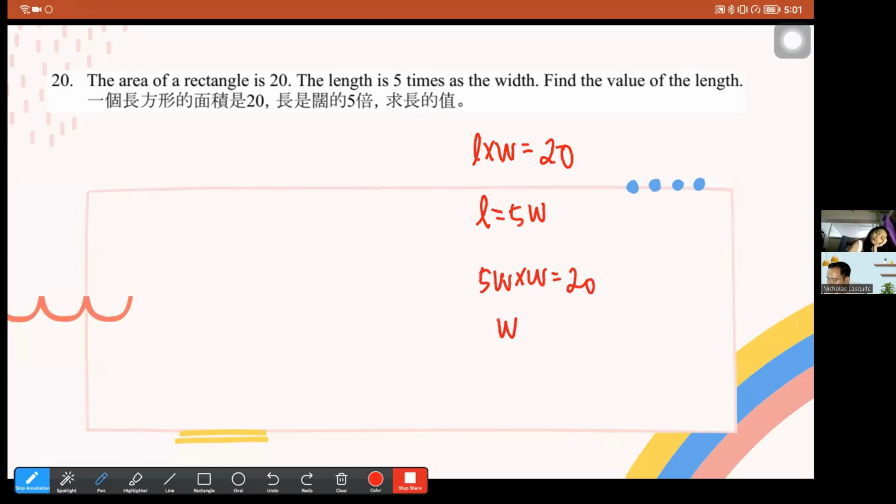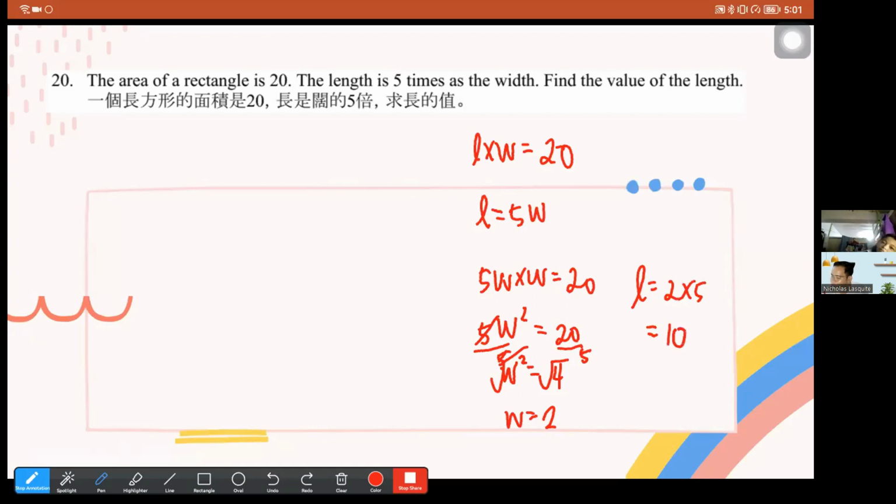Meaning 5w squared is equal to 20, right? So w squared is equal to 4 because you divide both sides by 5. Then for the width, you get the square root of that, which is 2. So your length now is 2 times 5, which is 10. So the question, find the value of the length, is 10.